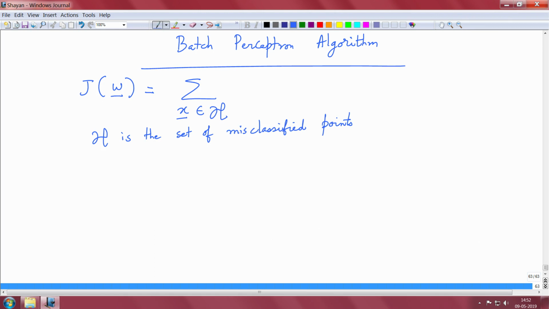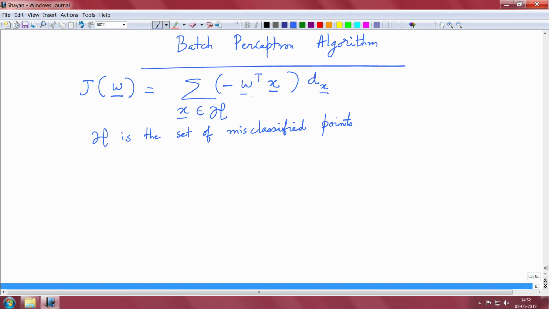So, what I do is I take a negative of W transpose x and then I multiply this quantity by the desired value d that corresponds to this vector x, right. So, this d corresponds to this vector x.